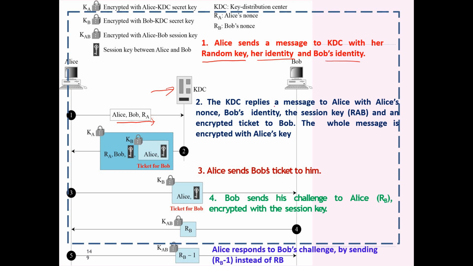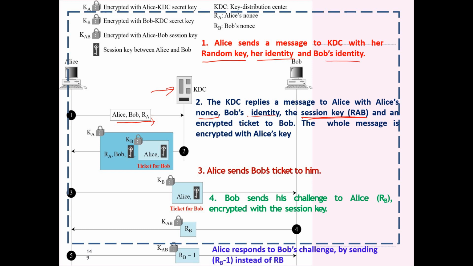The second step is that the KDC replies with a message to Alice with Alice's random key, Bob's identity, the receiver's identity, and a session key. So what is the session key? It's like a timestamp. There will be a timestamp with the session key, like at what time you are supposed to make the request, by what time you are supposed to get into the channel. Because remember, all this will happen mostly either in wired or wireless.